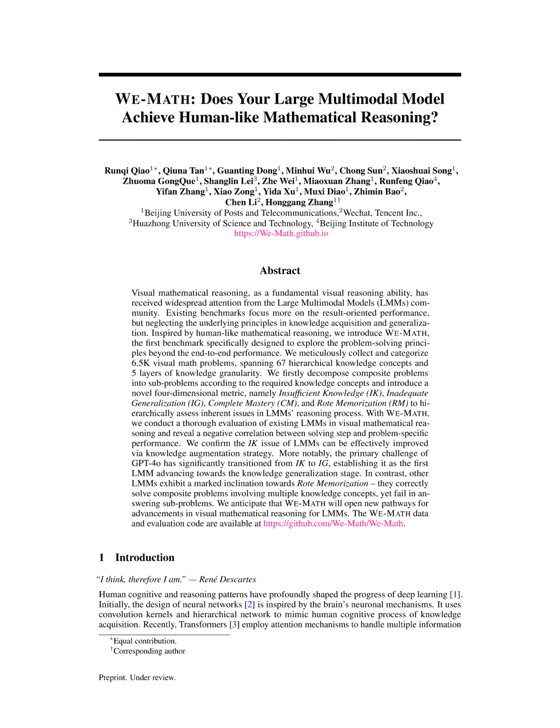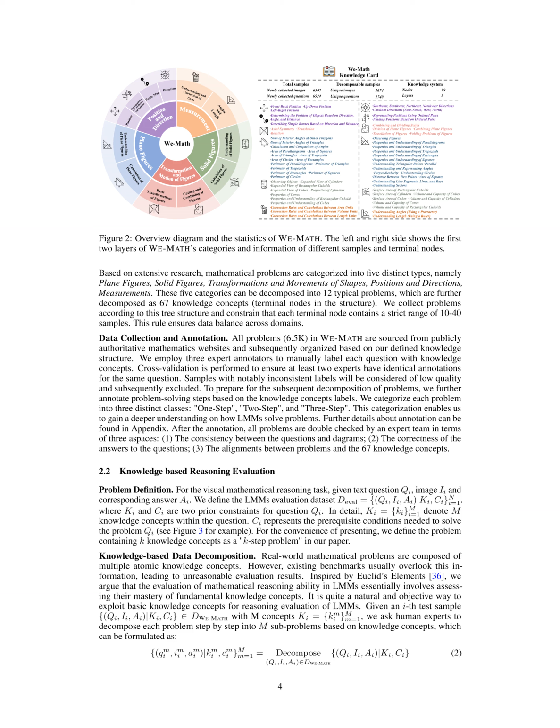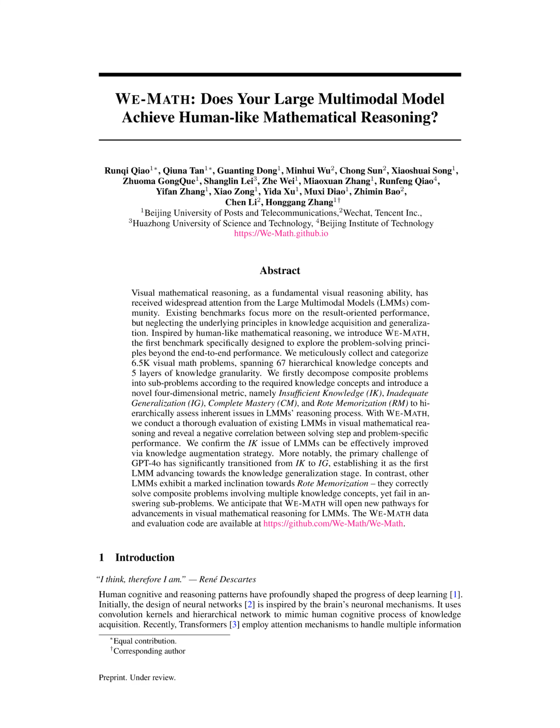2. Data representation. Each test sample is represented as Q_I, I_I, A_I, K_I, C_I, where Q_I is the text question, I_I is the image, A_I is the answer, K_I represents the knowledge concepts within the question, and C_I denotes the prerequisite conditions needed to solve the problem. 3.